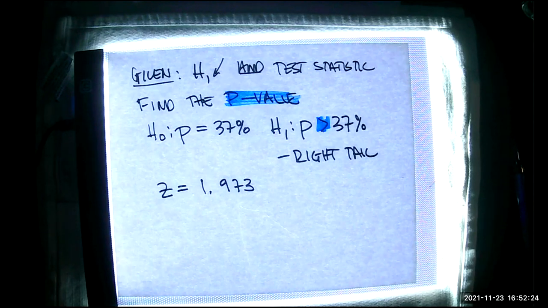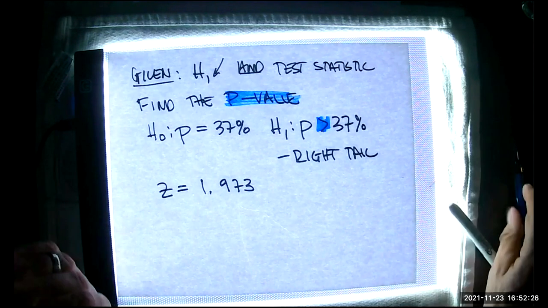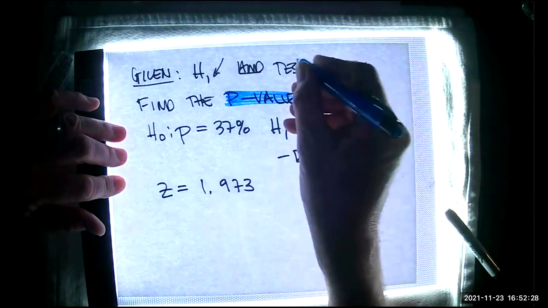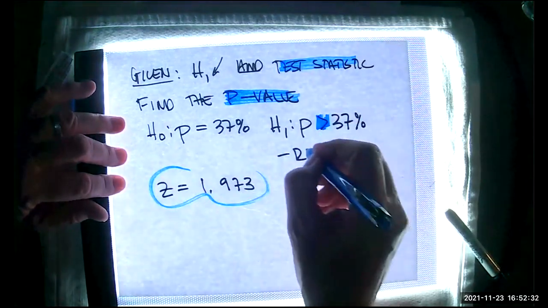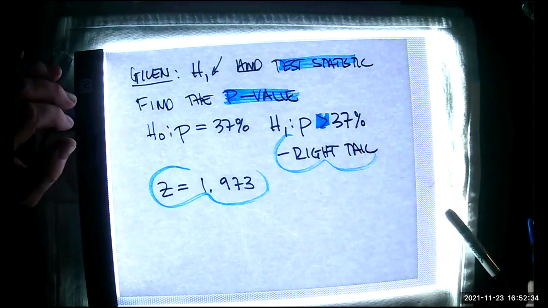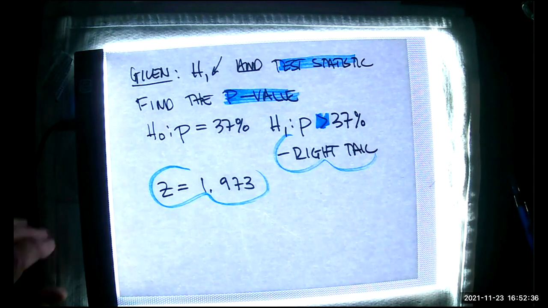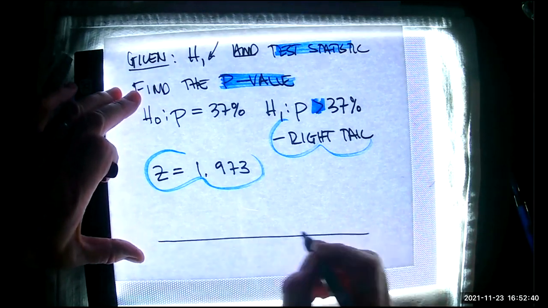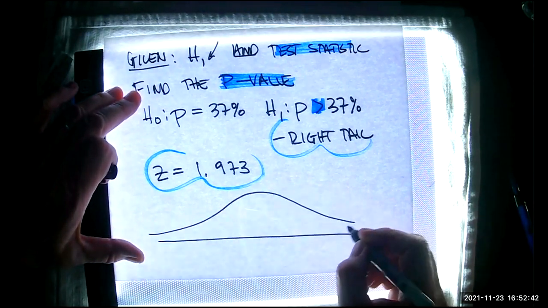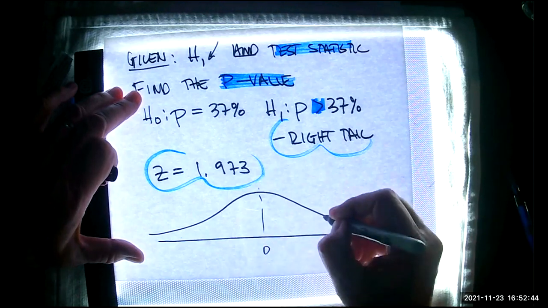So if I've got these things, the test statistic and the tail of the test, I can then go ahead and find the p-value. Drawing my z distribution, there's the 0 in the middle.